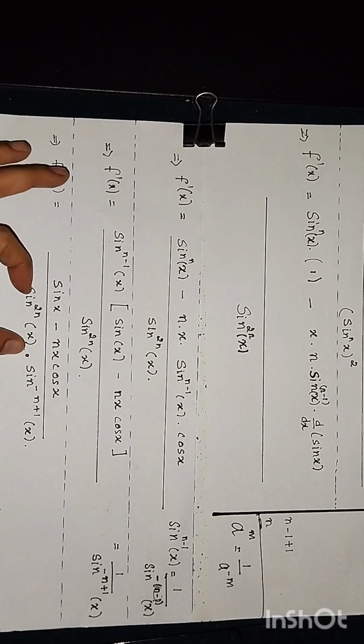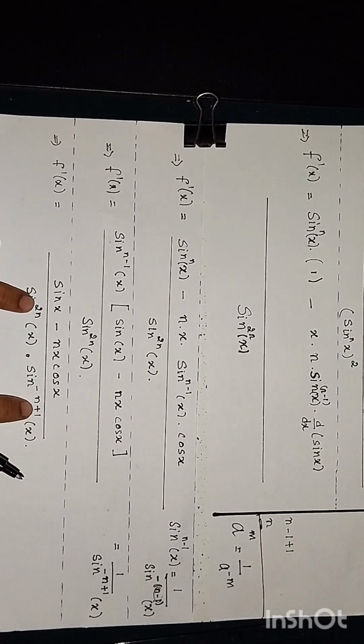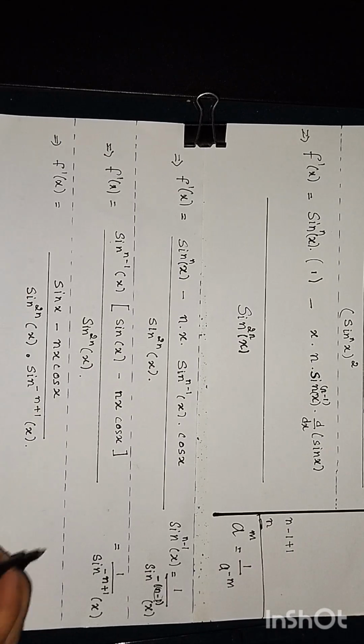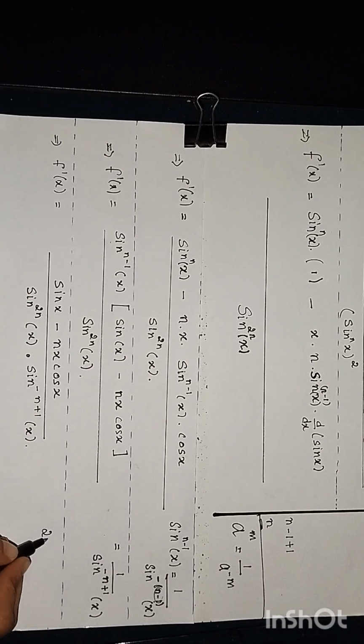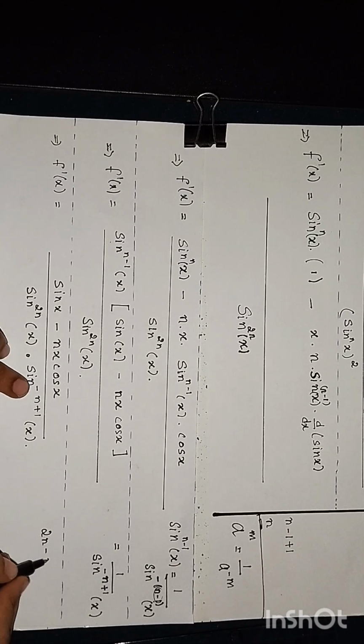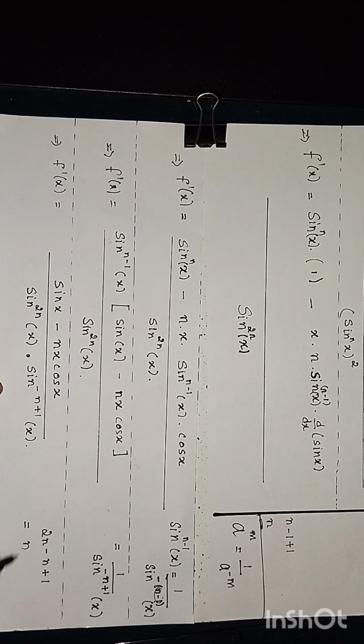Now here also you have the base sin x. When you have the same base, you will add the exponents: 2n minus n plus 1. If you add the exponents, 2n minus n will be n, plus 1.